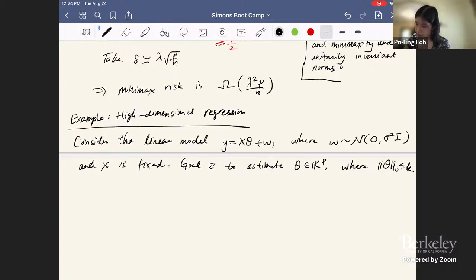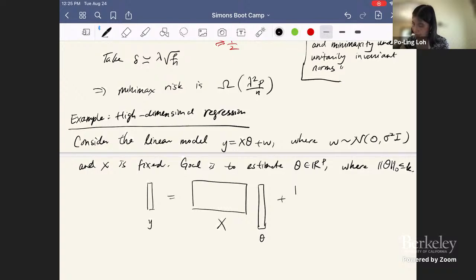So y here represents a vector, x is a matrix, and theta is the unknown parameter vector. And then we have another vector, an n-dimensional w. This is IID noise. And here we're assuming we have a fixed design, so we assume that x is fixed. So the only randomness comes from these draws of w. And we'll be interested in a high dimensional case.